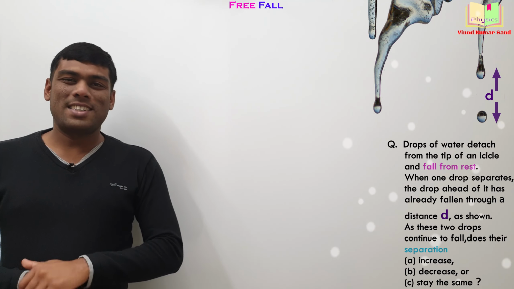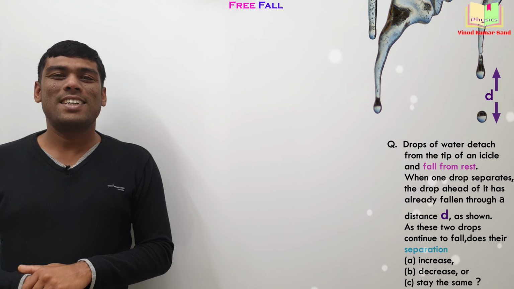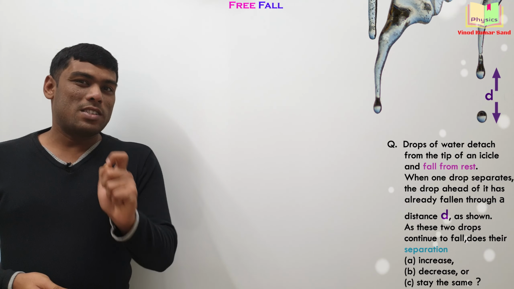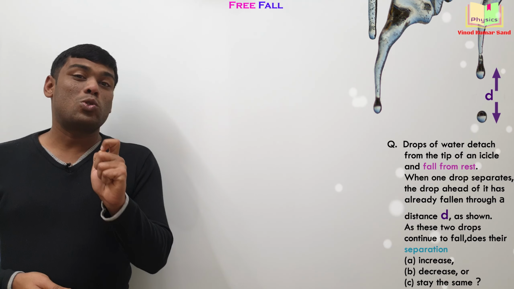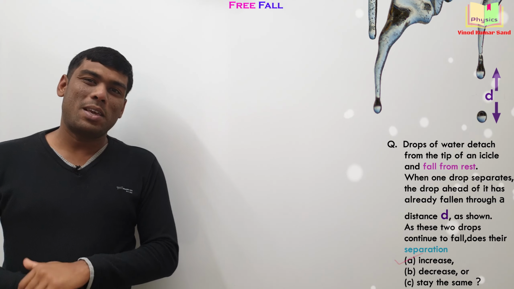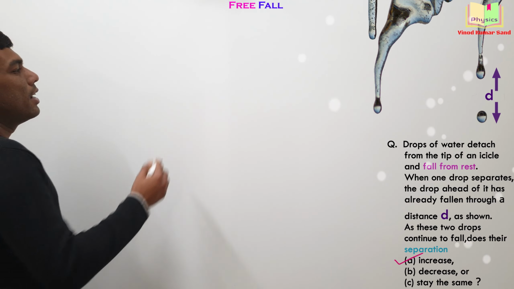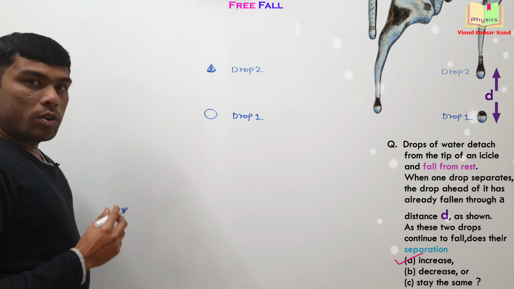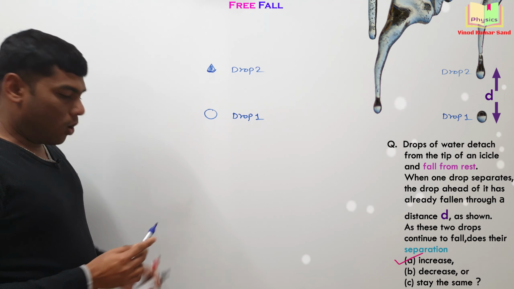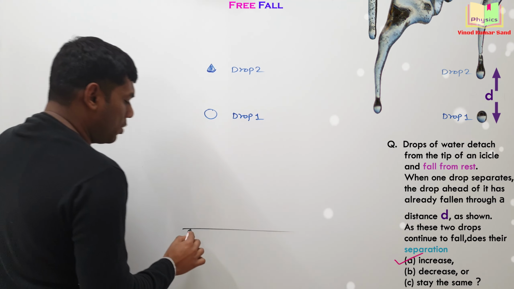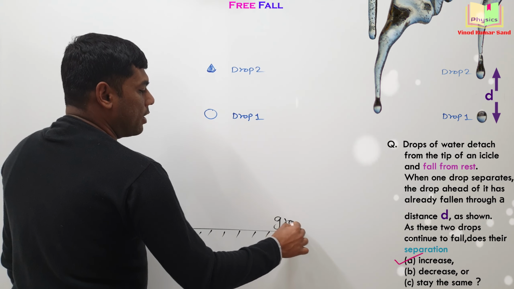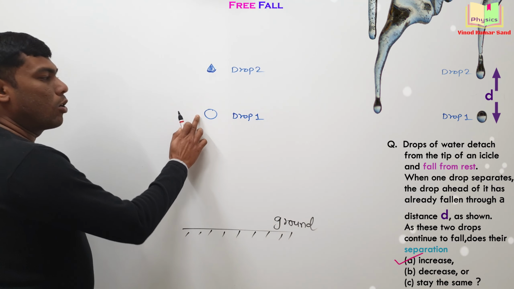Using the previous tricks, we can easily answer it. The correct answer is the distance between these two drops will always keep on increasing. Why? Let me prove it. Now, who is at lower altitude with respect to the ground? We can easily tell that drop 1 is at lower altitude.